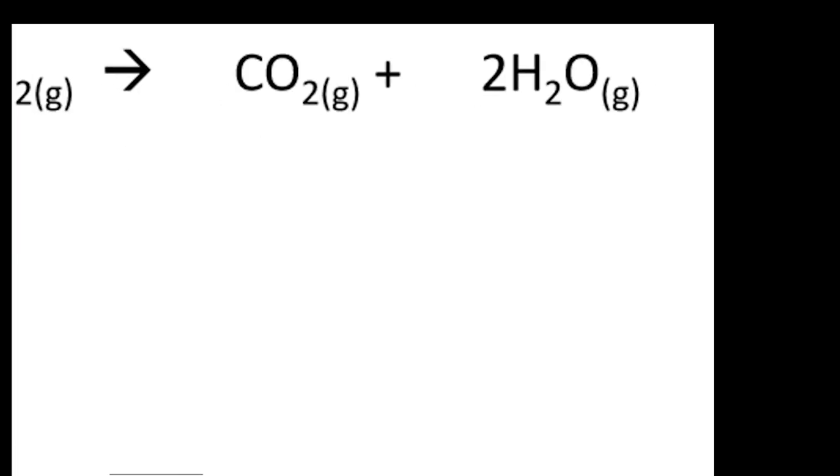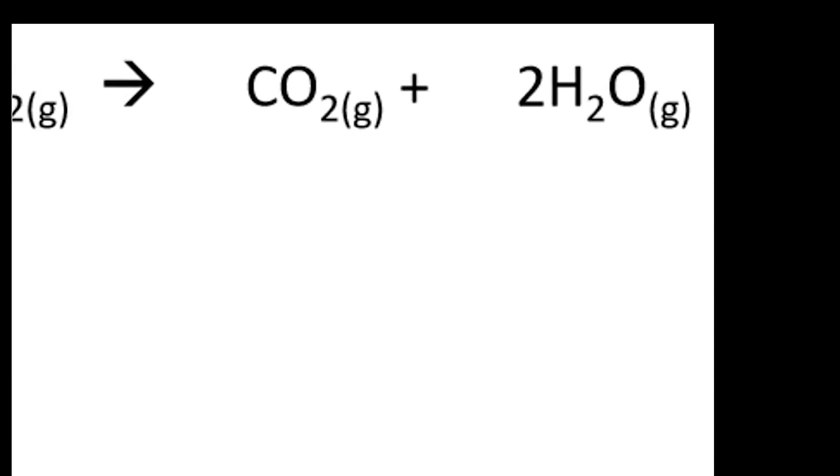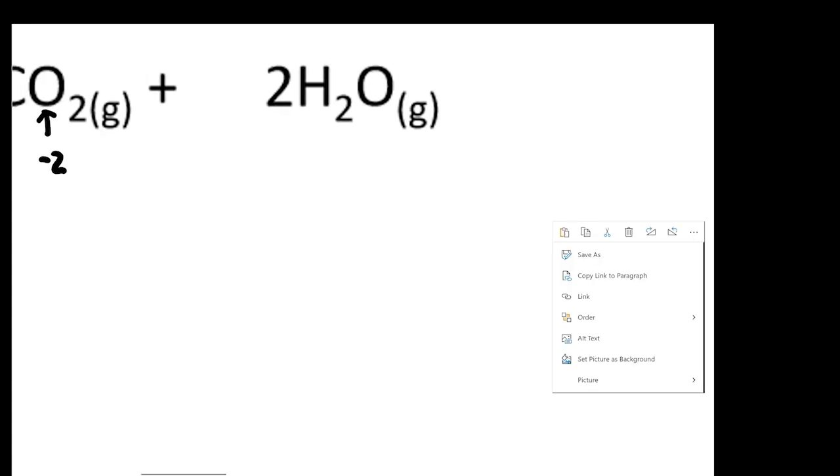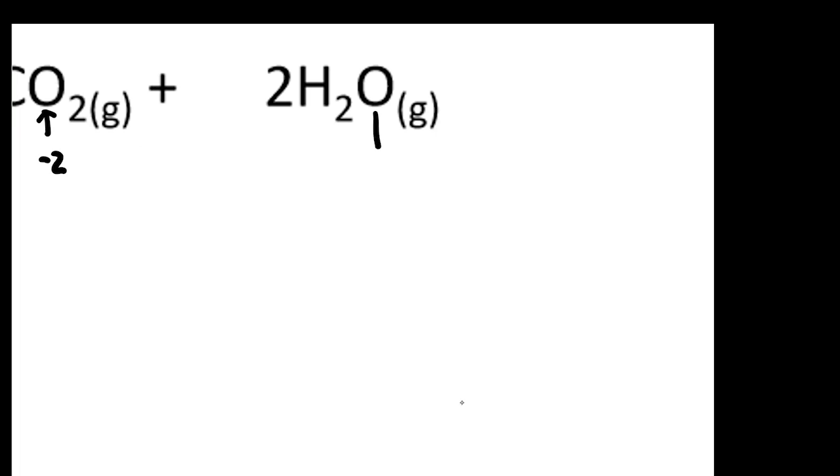How about CO2? It's a compound, it's not just O2. That means O is going to carry -2, so C is +4, right? Move on to the next one. In H2O, O will be -2, H will be +1.